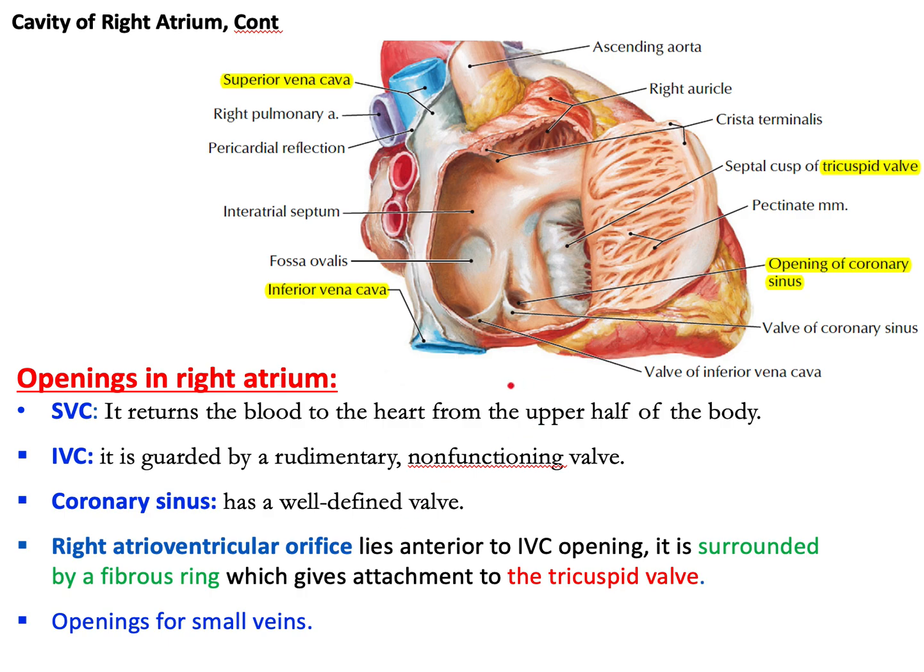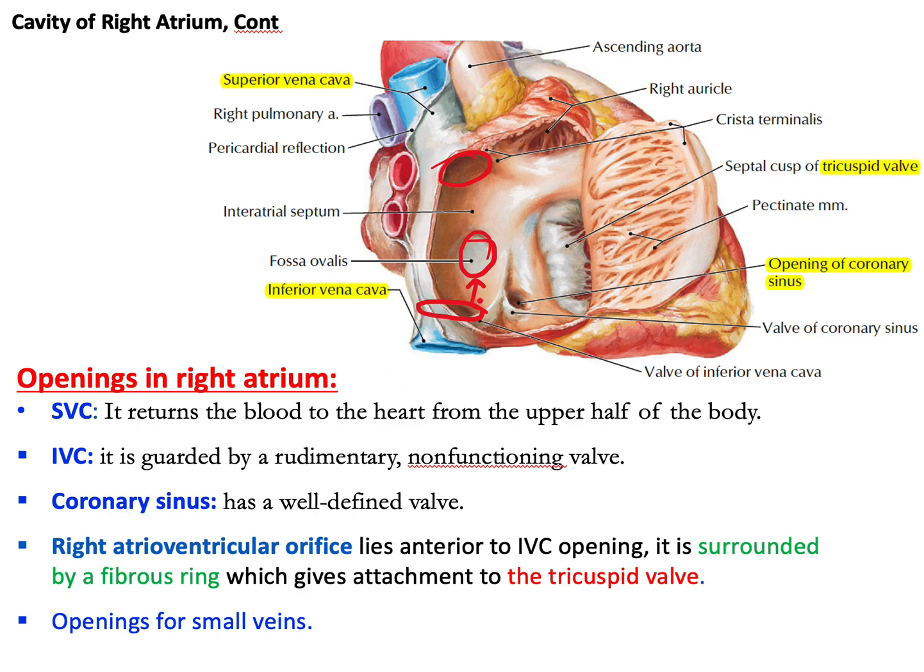The last thing about the right atrium, let me summarize it to you guys. What are the openings in the right atrium? We have the opening for the superior vena cava, and inferiorly the inferior vena cava, and superior to the opening of the inferior vena cava there is the fossa ovalis. We mentioned that.